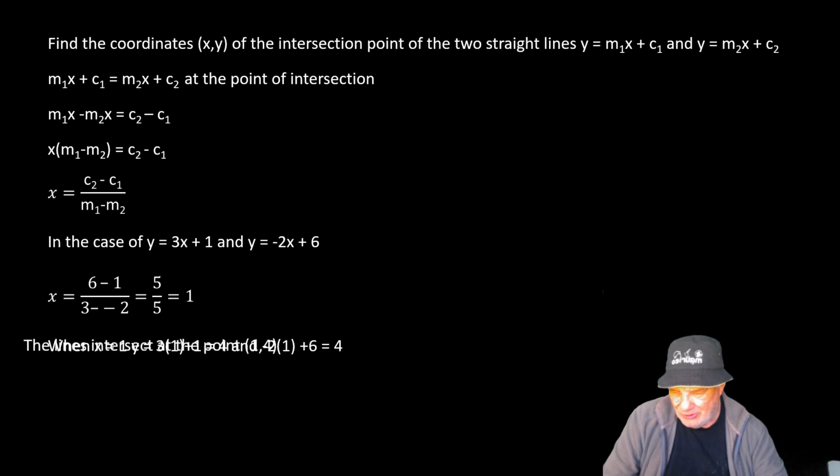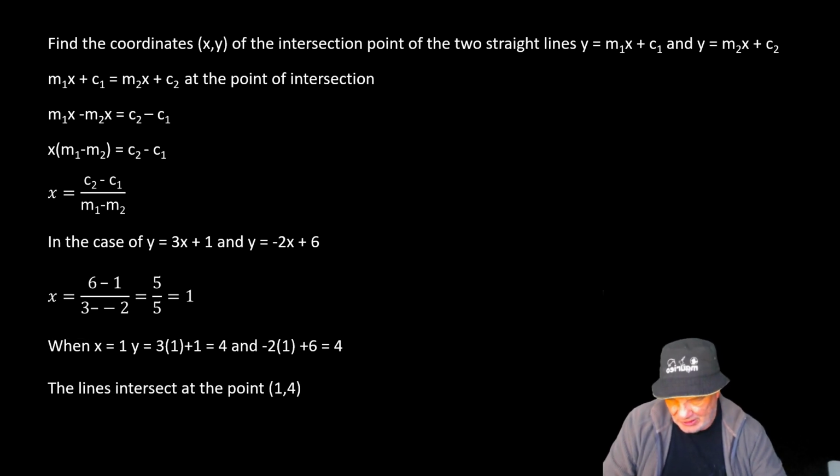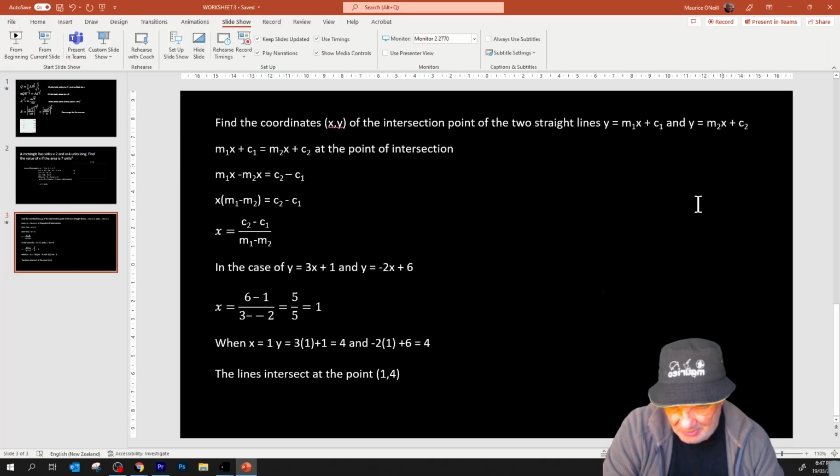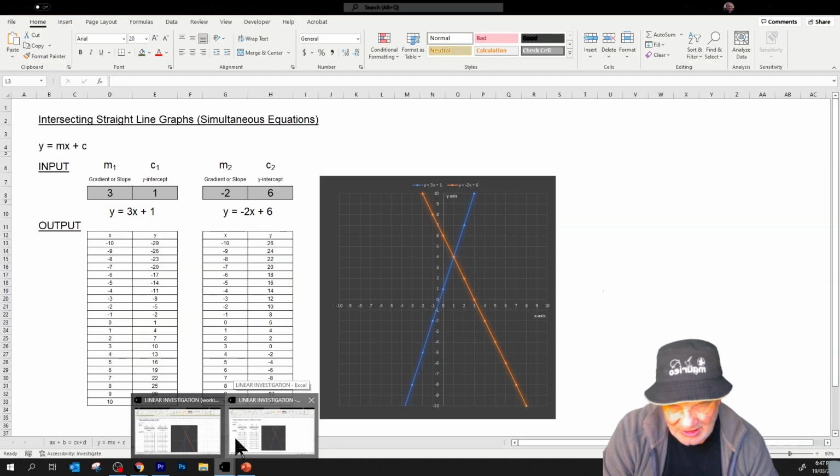So we are able to say without a shadow of a doubt that the lines intersect at the point (1, 4), which our graphical solution showed us. Very good.